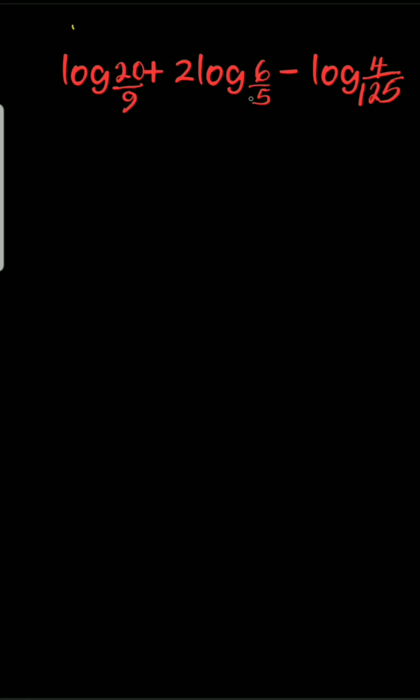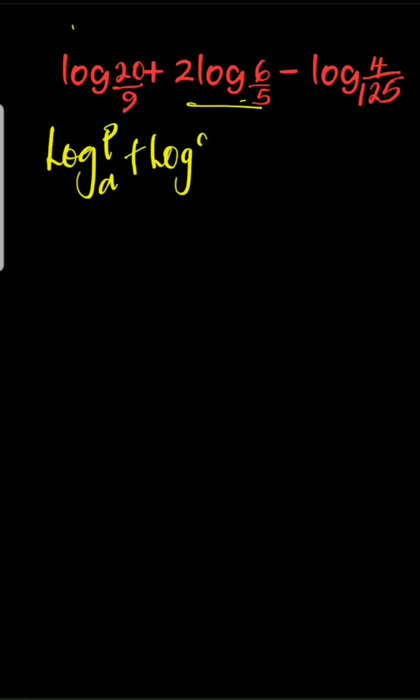Now, the coefficient of what we have here is 2. And so we can apply the first law that says log P base A plus log Q base A is log P times Q base A. We can apply that here until we make this 1. So to make this 1, this goes forward.